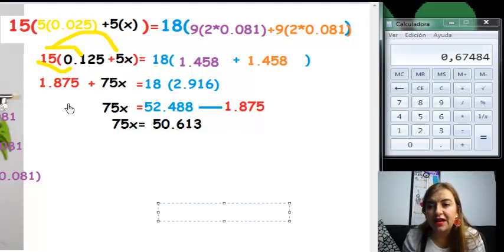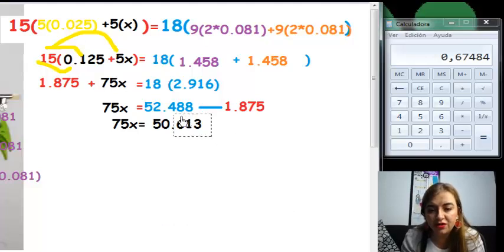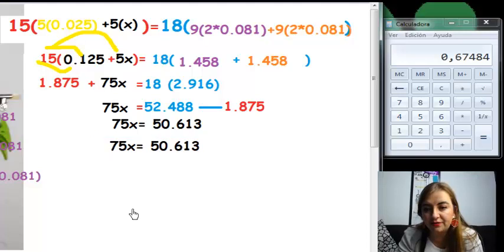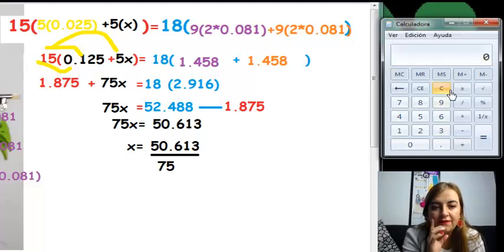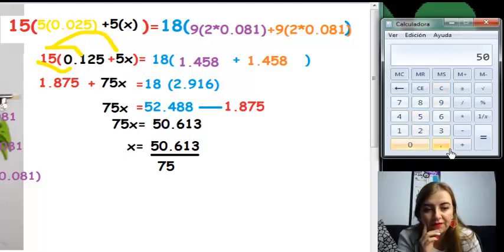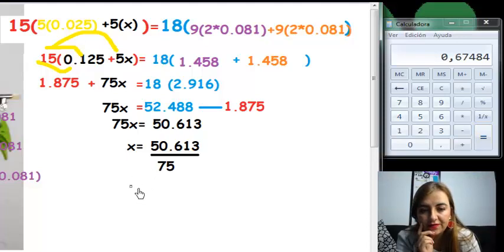What I'm going to do is use the opposite operation of multiply, because the 75 is multiplying the value. So I'm going to take the 75 and pass it to divide. If I do that in the calculator, I will have 50.613 divided by 75.